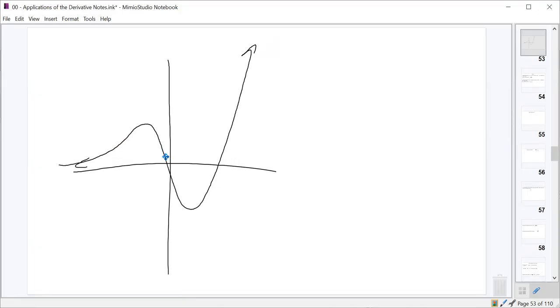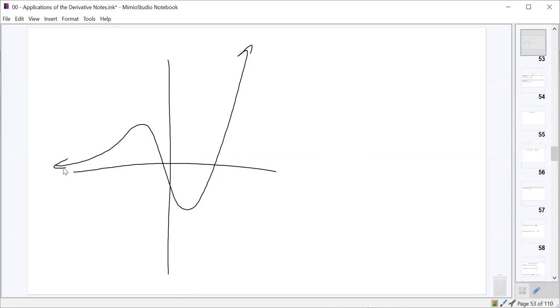See if we can drag that over a bit. It's going to look more like that. Let's say this is at -3 and this is at 1. We're going to have an asymptote here at 0. We're going to go up to our local max, down to a local and absolute min, and then increase to infinity.